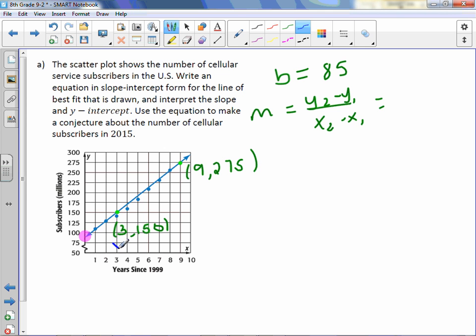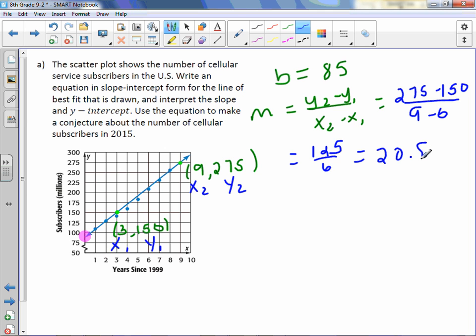So we'll label x1, y1, x2, y2. It does not matter which is which. So we have 275 minus 150 over 9 minus 6, which equals 125 over 6, which is about 20.83.